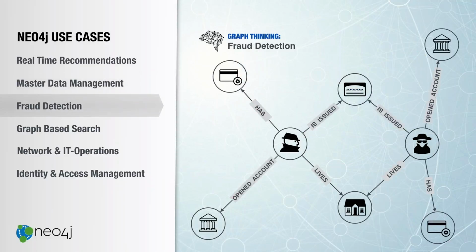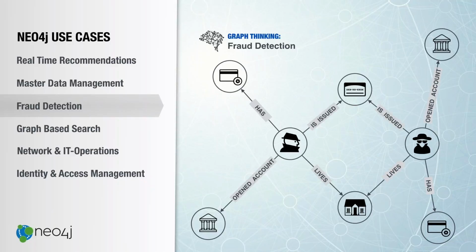Fraud detection, we mentioned this briefly earlier, but basically, the typical fraud detection processes at many companies just look for anomalies in activity. But what is actually often more important is looking at the relationships between all of these different elements.